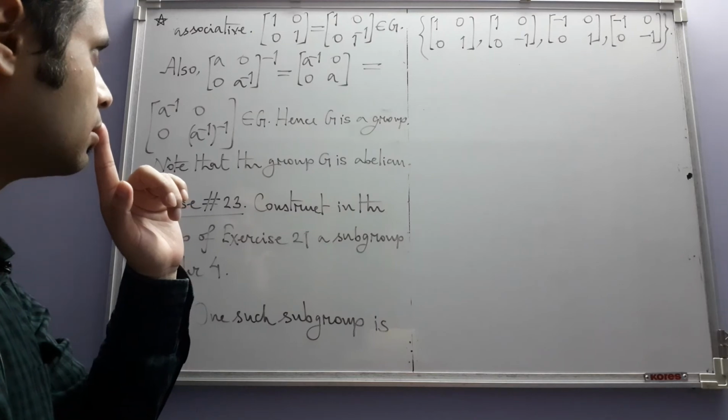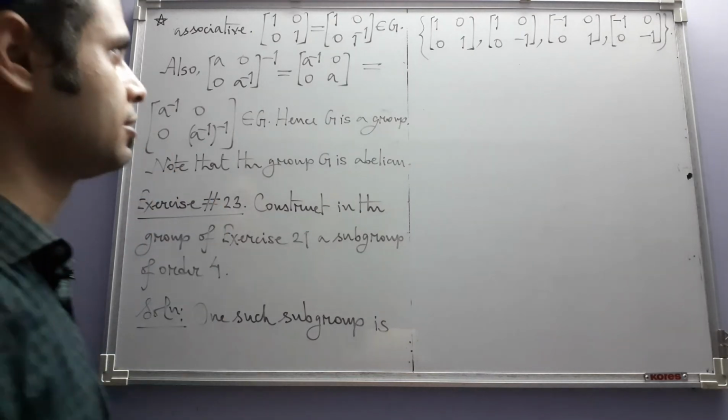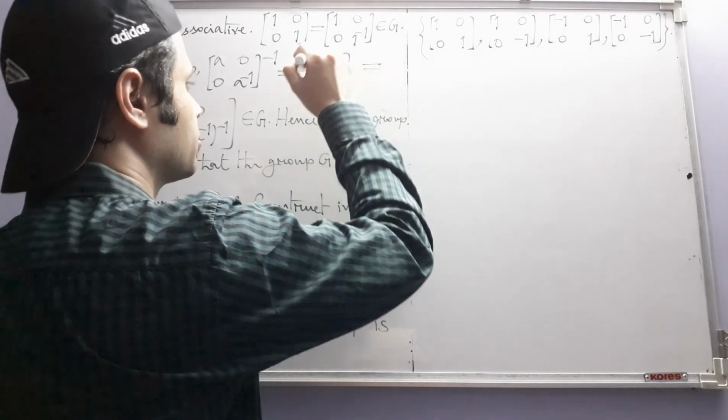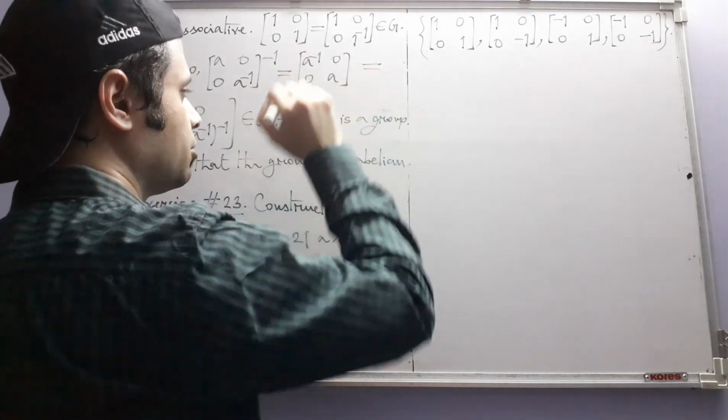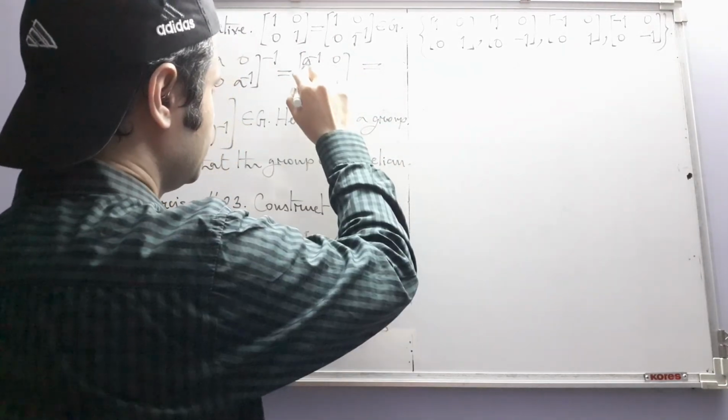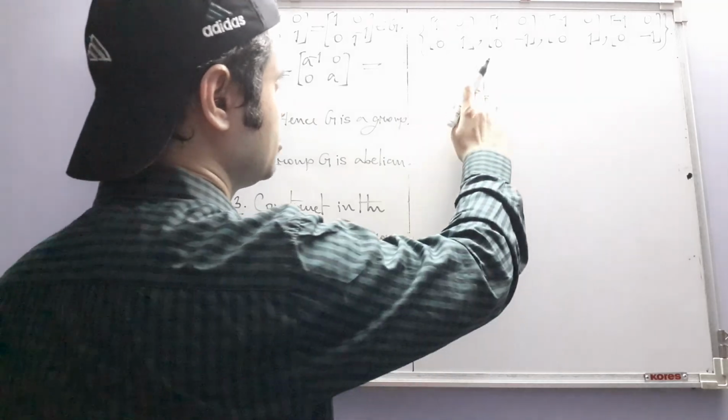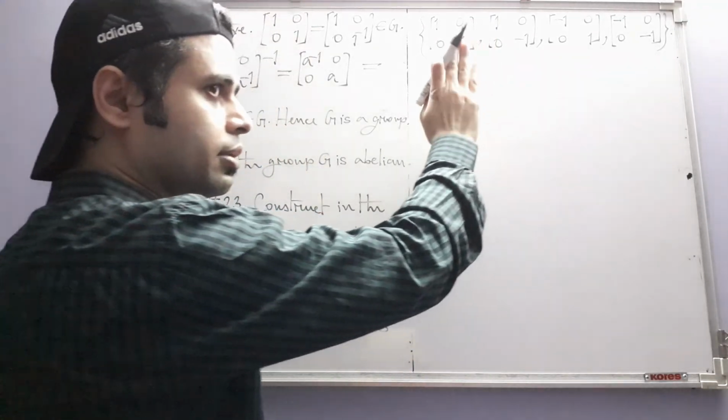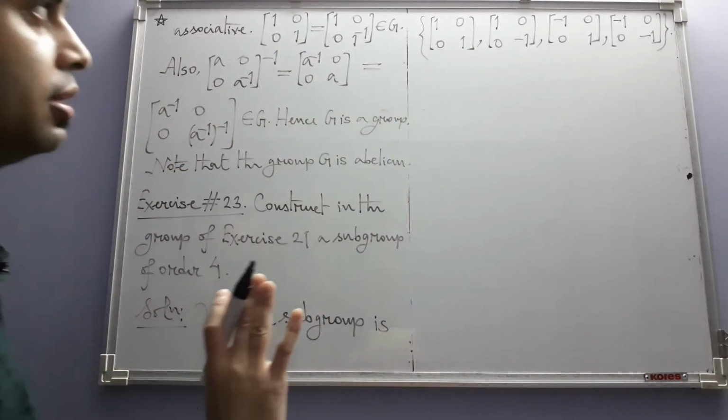Is it? No, I don't think that is true, because in the previous exercise we not only have diagonal matrices but matrices of this form. No, that statement is wrong. It is a subgroup of the group in exercise 21 only.